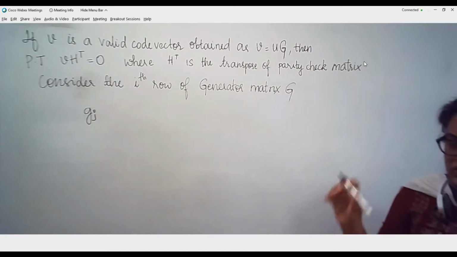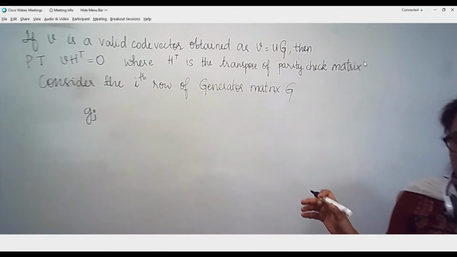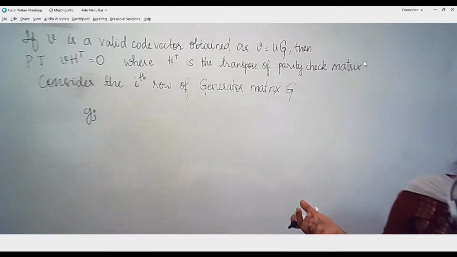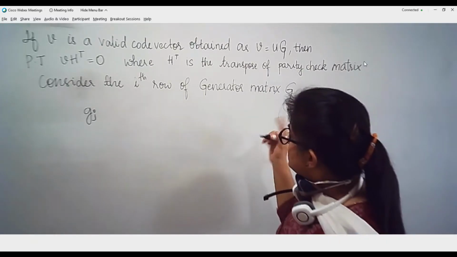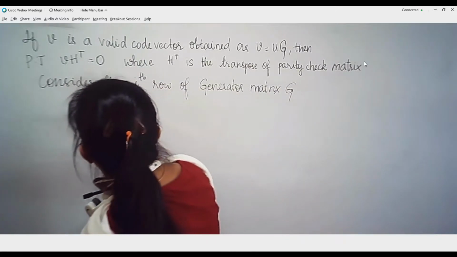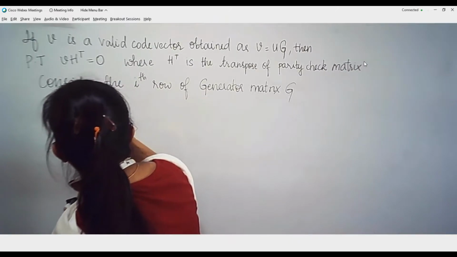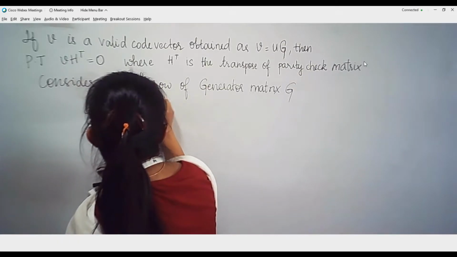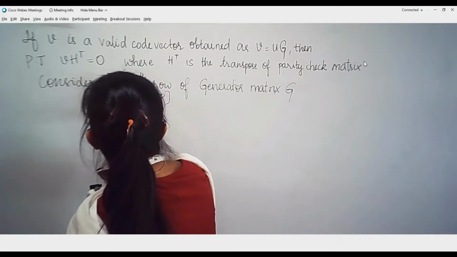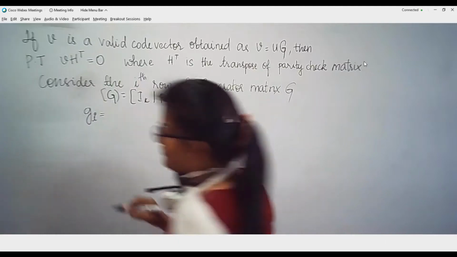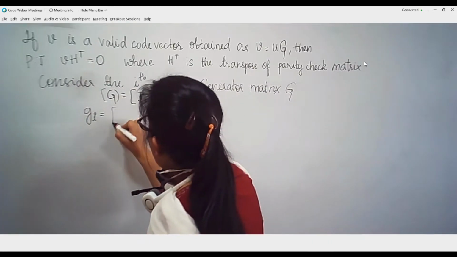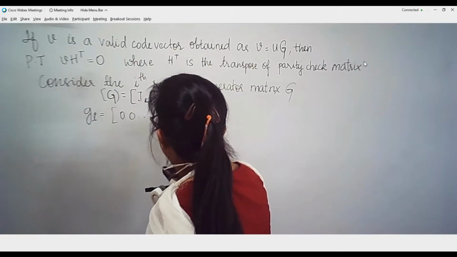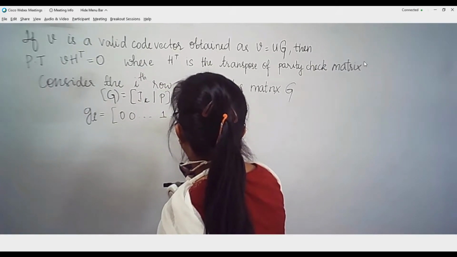It consists of the first part from the identity matrix, and the second part from the parity matrix. So G will have two parts, I_k and P. Here also in the ith row, the ith bit will be equal to 1 from the identity matrix, rest all will be 0.